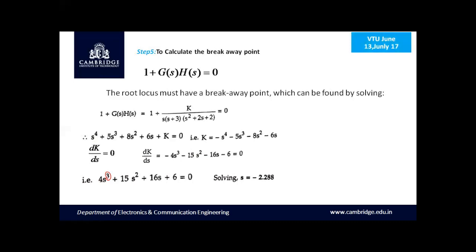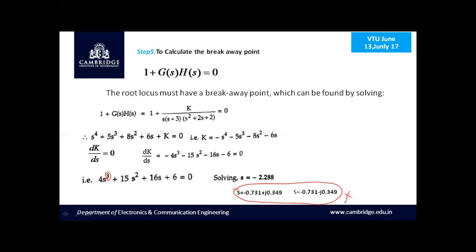Solving, we get s is equal to minus 2.288 and s is equal to minus 0.731 plus j 0.349 as well as s is equal to minus 0.731 minus j 0.349. If you check the angle condition and the magnitude condition for this complex conjugate pair, this complex conjugate pair does not lie in the region of root locus.